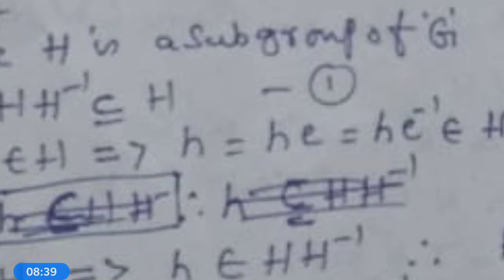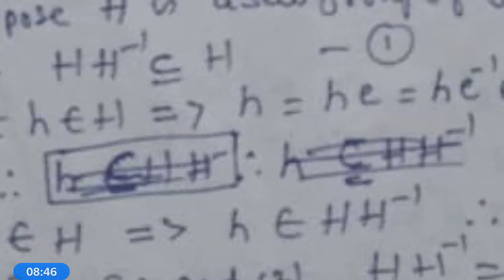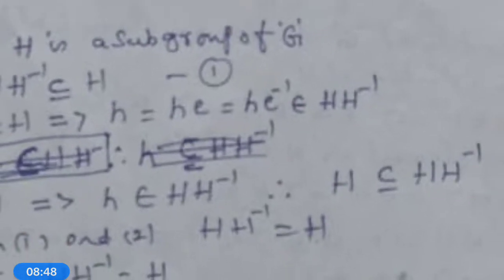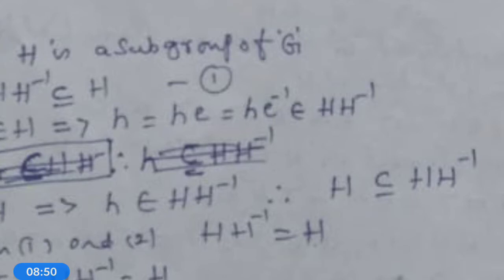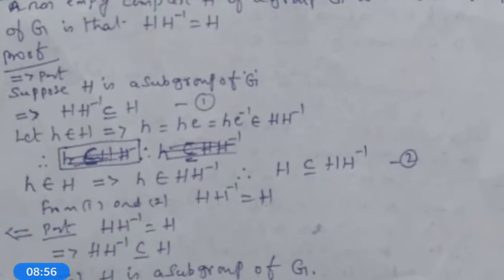What is the inverse of h? h e inverse. So, h e inverse belongs to H H inverse. Therefore, small h belongs to capital H implies small h belongs to H H inverse. Therefore, H is a subset of H H inverse.